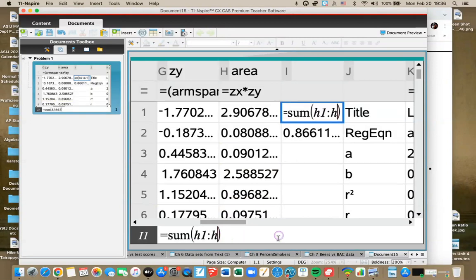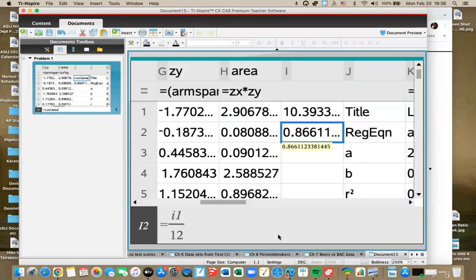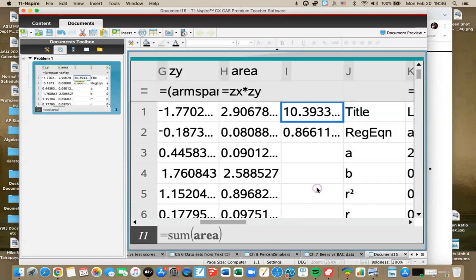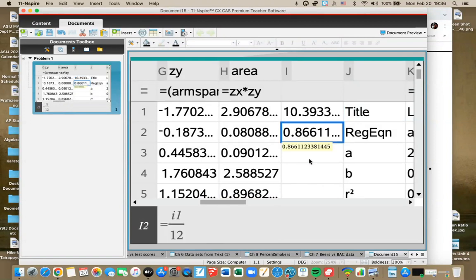But it'll work just as well if you just type in the word area in here. See how it recognizes it, and then I hit enter. You can just say sum up the area list, and that will work. Then the last thing I have to do is divide by n minus 1. We had 13 students, so I divided by 12, n minus 1, and I get 0.866.